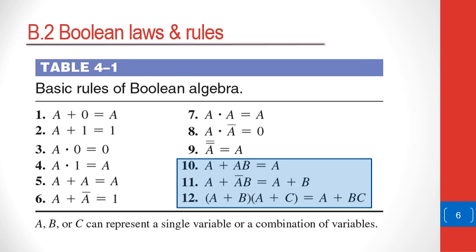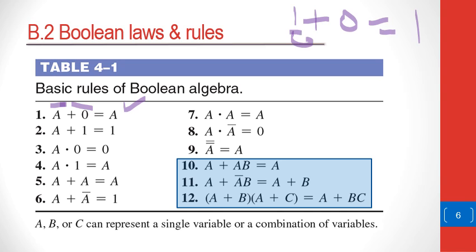Now looking at the 12 rules, the first 9 are very much intuitive. The first one talks about the fact that when you have A or 0, that is A plus 0, anything or 0 will always be A. If you have 1 or 0, the result is 1.